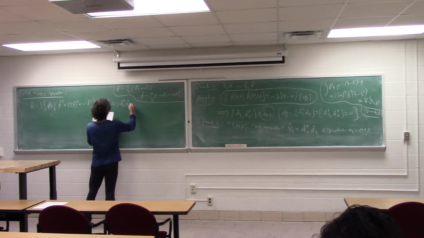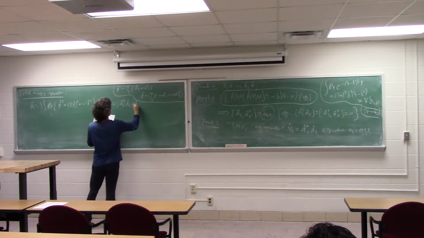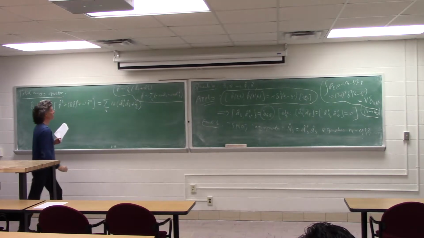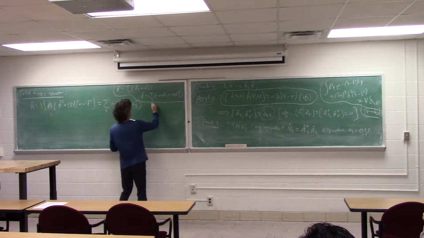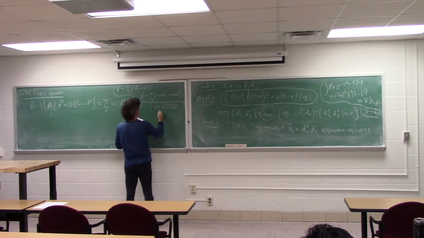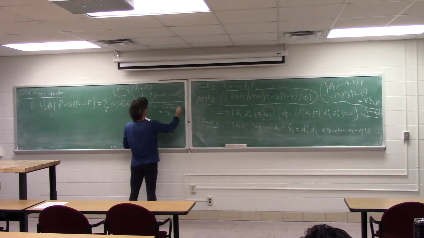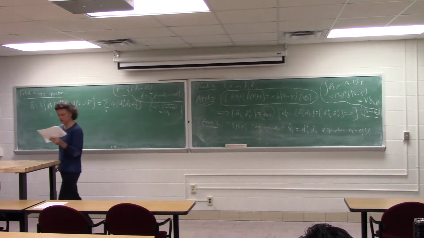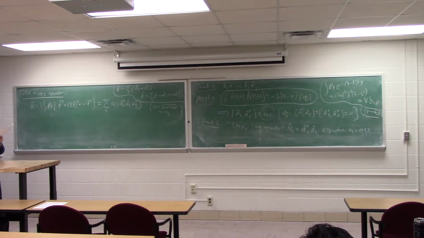Remembering, of course, omega is a function of k. Omega is the square root of m squared plus mod k squared. So you could write this with a little subscript k if you prefer. The book does that. I don't bother. You can if you want.